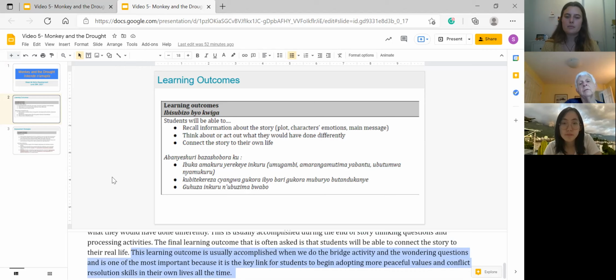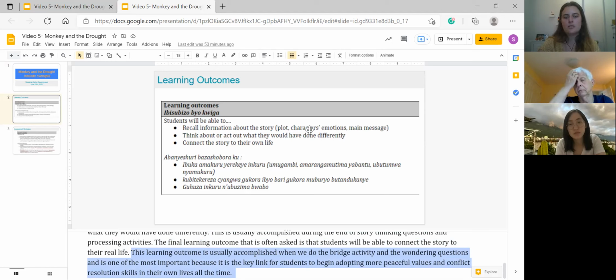One of the activities you can do, if you need a formal assessment in the sense of a demonstration, is ask the kids to fold the paper in four and either write or draw the characters, the setting, the problem, and the outcome.